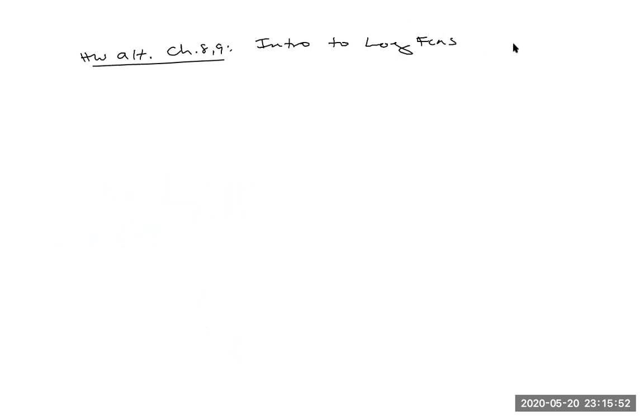All right, so now what I want to get into is exponential functions versus log functions. You're going to see me abbreviate this as log, just to let you know.